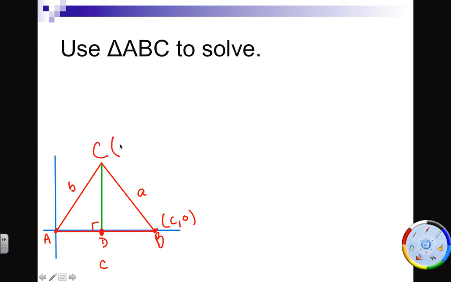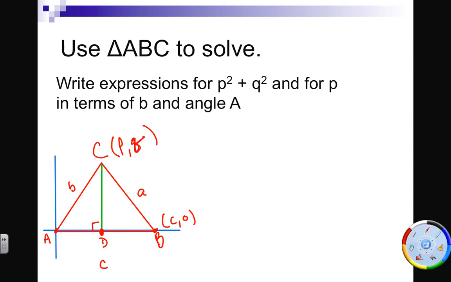Now we're going to let this point C up here be the point P, Q. And there's going to be some questions that we're going to ask here. The first question is, I want to write two different expressions. One expression for P squared plus Q squared, and one expression for P in terms of B and angle A. So it's probably a good idea to know where P and Q are.